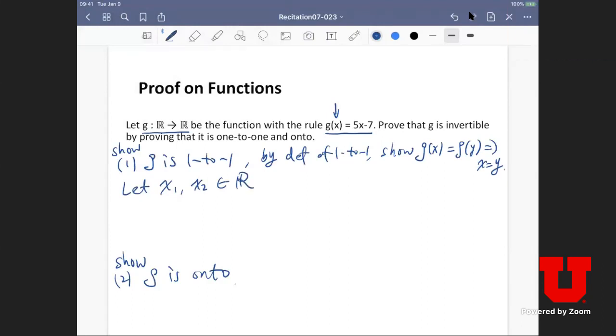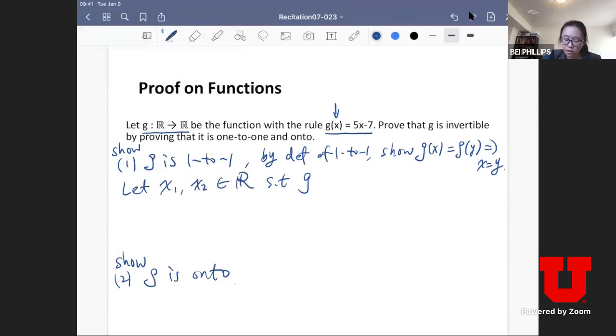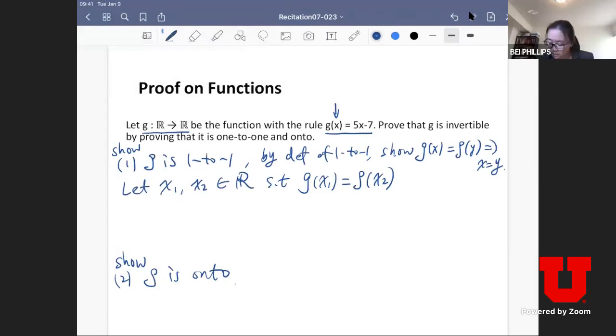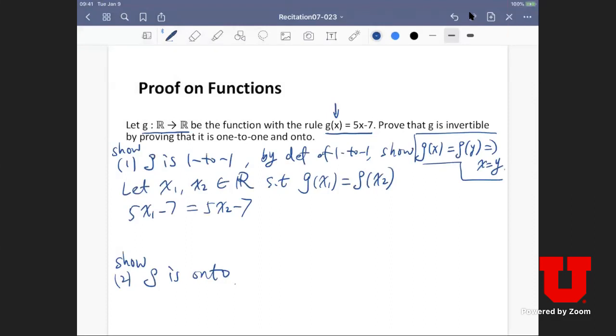And plug those into 5x minus 7, or plug in g(x). So you're assuming g(x1) equals g(x2), right? Yeah, because you are using the hypothesis as this definition right here. Okay. So you have 5x1 minus 7 is equal to 5x2 minus 7. And then what? And then you add 7 on both sides and divide by 5.